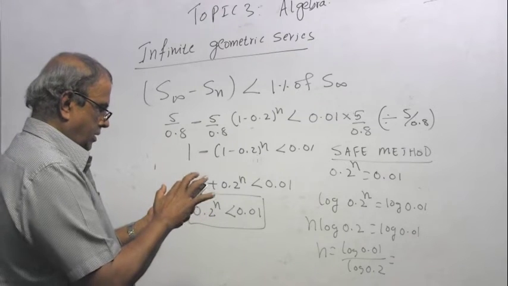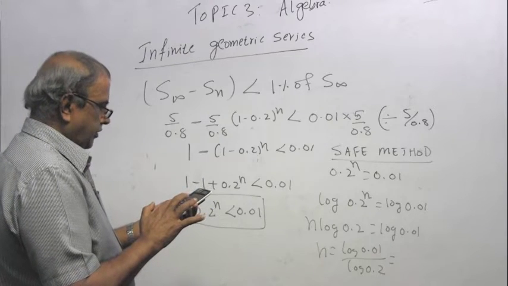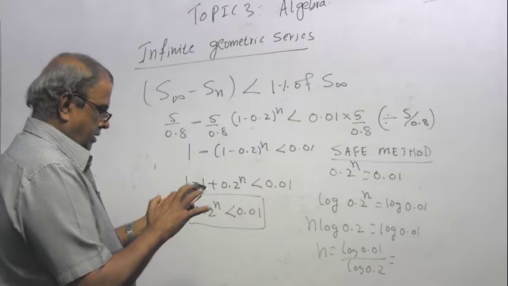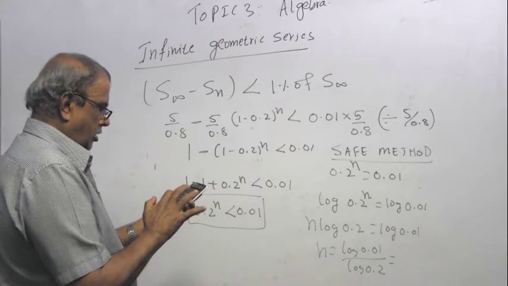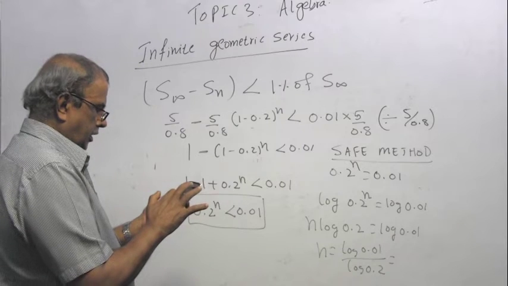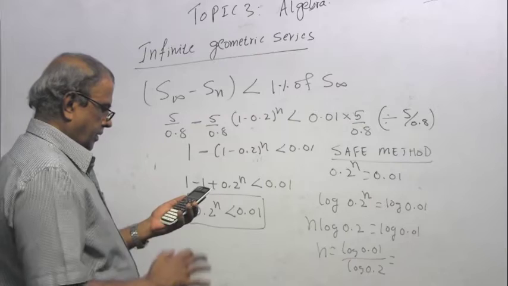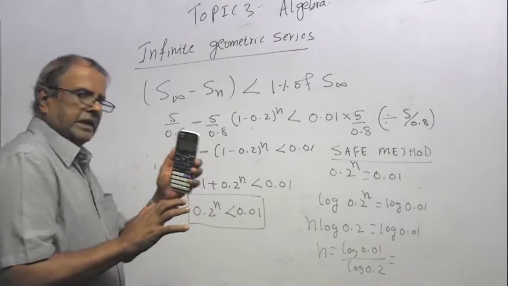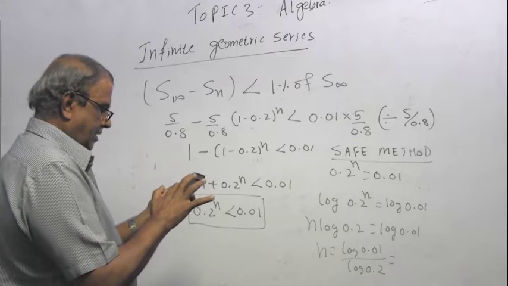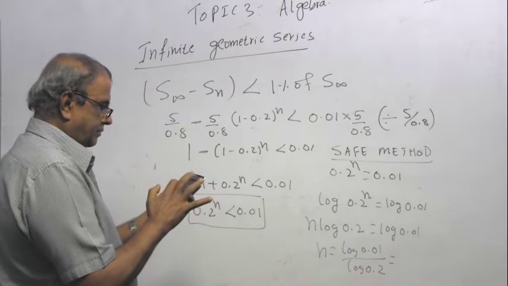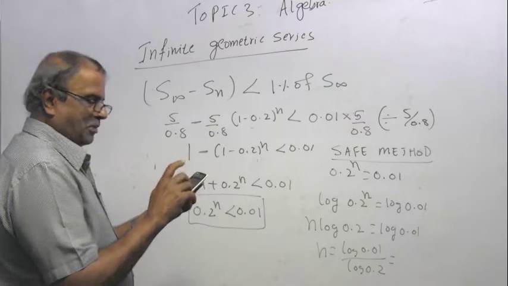Log 0.01 divided by log 0.2. Oh, this calculator requires a base. My God. Log to base 10 of 0.01 divided by log to base 10 of 0.2. It proves my point.